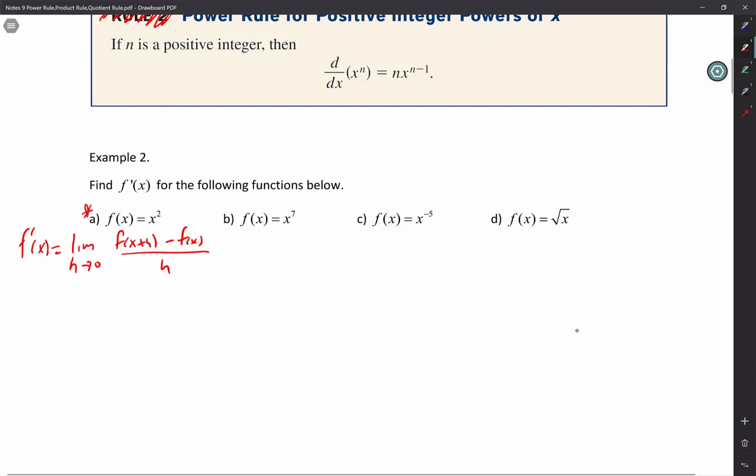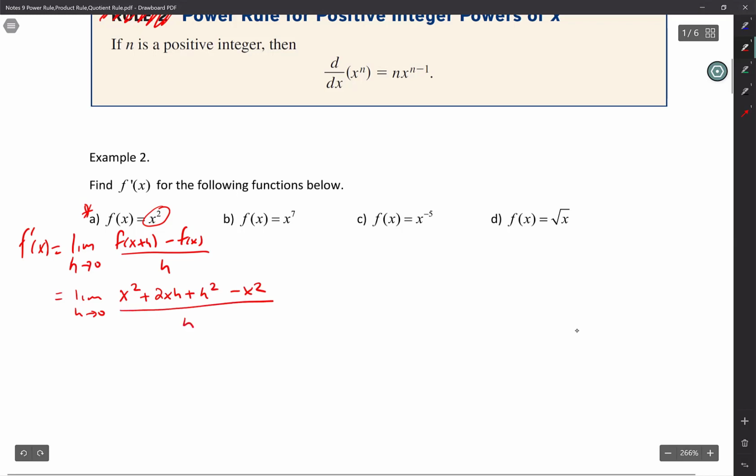And then from there, let's expand this x squared with the x plus h. Limit as h approaches 0, x times x is x squared, x times h is xh. You're going to have two of those when you add them up. h times h is h squared, minus x squared, all over h. I just expanded it. Those x squares zero out.